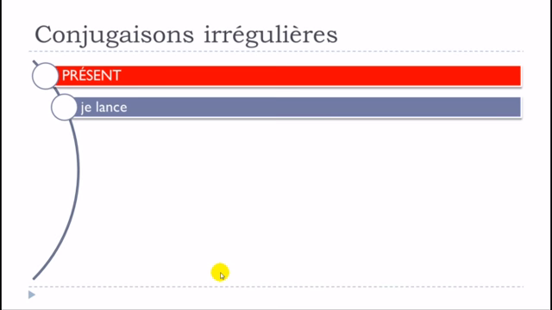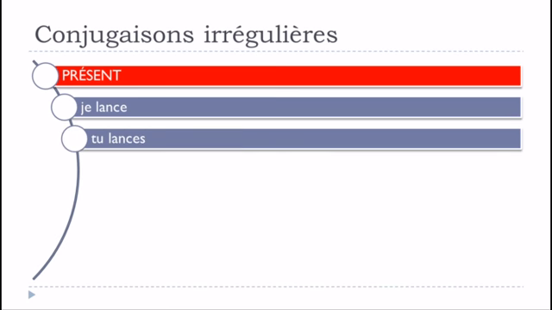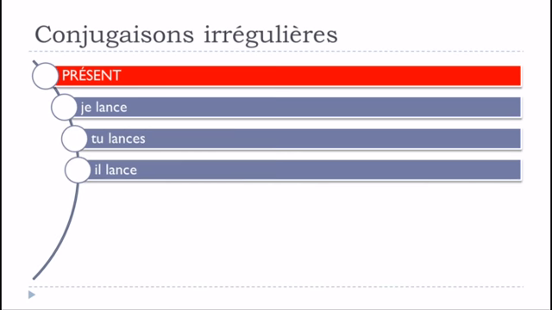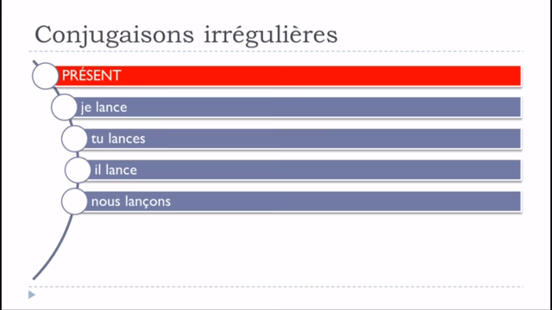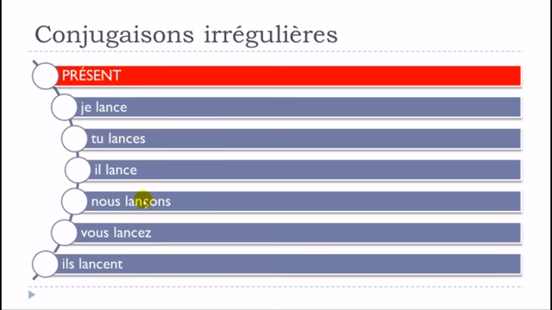For the present form: je lance, tu lances, il lance, nous lançons, so as I said, it's here. Vous lancez, ils lancent. For all the other forms, you don't modify anything; you just respect the rule for regular verbs.